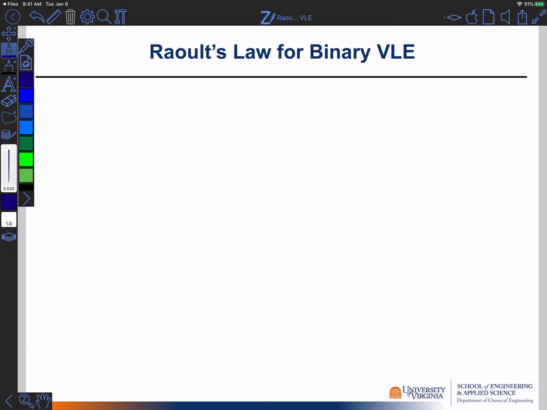And because we have two components in the system, we need two equilibrium relationships, one for each of those components. And so we could write out Raoult's law for component 1, for example. And we could also write that out for component 2.